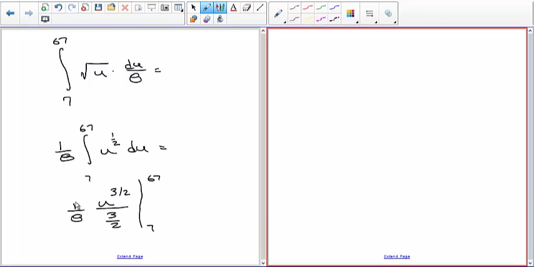Now if I take 1/8 and simplify this, you take the reciprocal of 3/2, which is 2/3. So you get 2 over 8 times 3. That's 2 over 24. So that simplifies down to a 12th. And then you take 67 to the 3/2 power minus 7 to the 3/2 power. And get your calculator out.